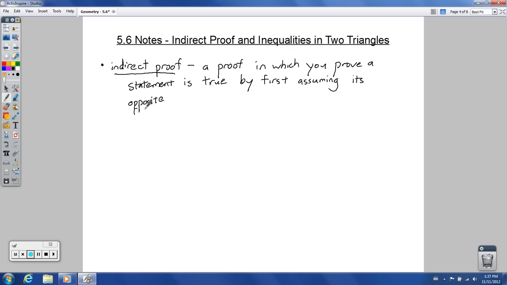That's the key part here. You first assume its opposite is true, and then arrive at a contradiction.